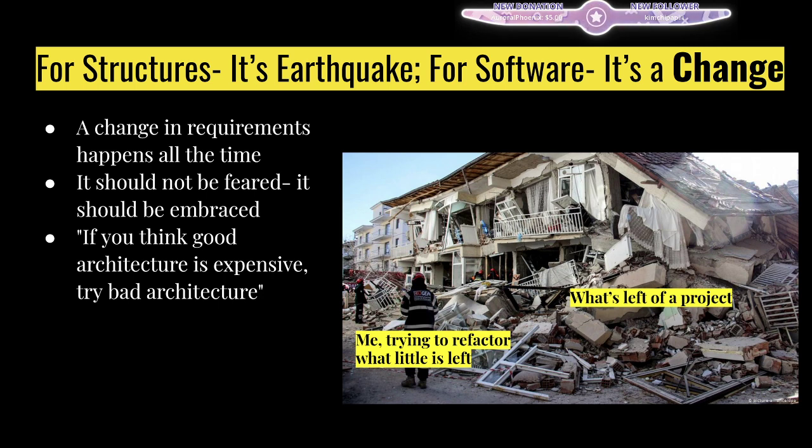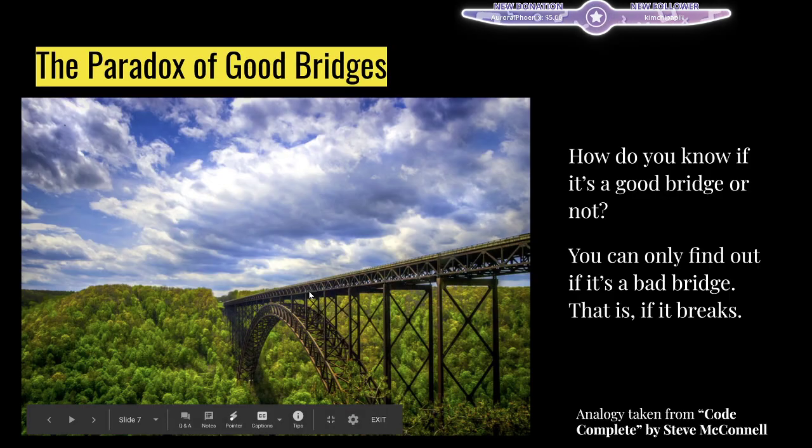Or rather, we're not avoiding changes, we're embracing them, and our architecture allows easy changes. And I love this quote, which I found on Twitter: "If you think good architecture is expensive, try bad architecture." It's brilliant. Good code is cheap long term compared to bad code.